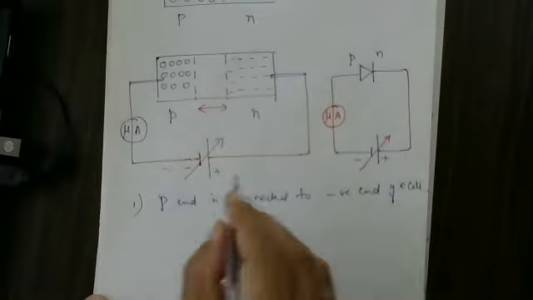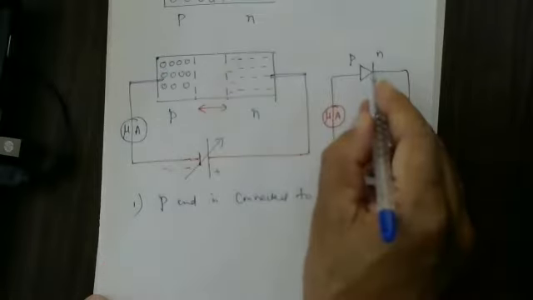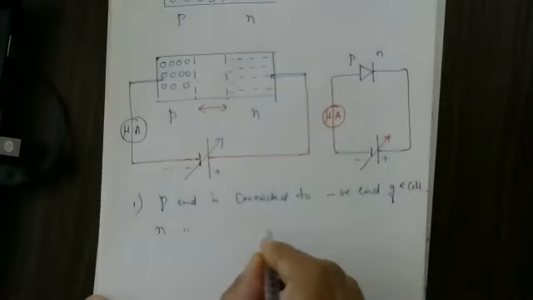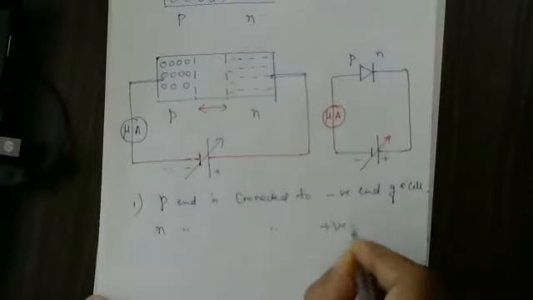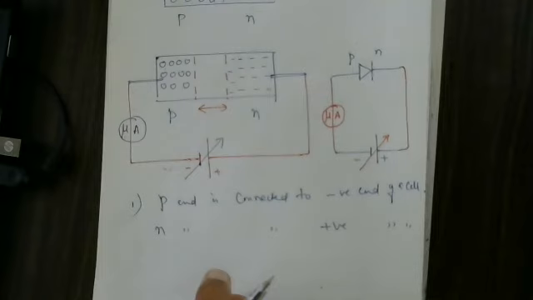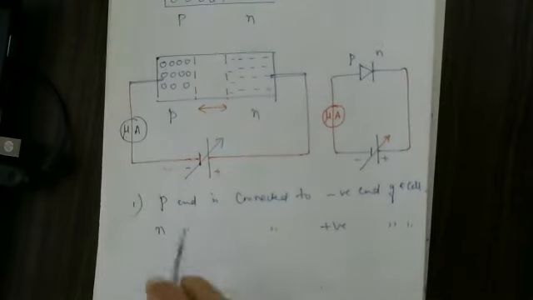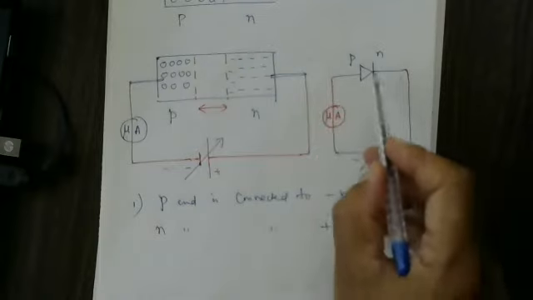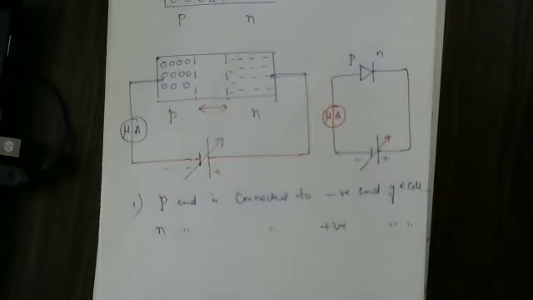Number two, whatever the N end is, that must be connected to the positive end of the same cell. If you connect like this, then only it is called the reverse bias condition. So P is connected to the negative end, N is connected to the positive end.